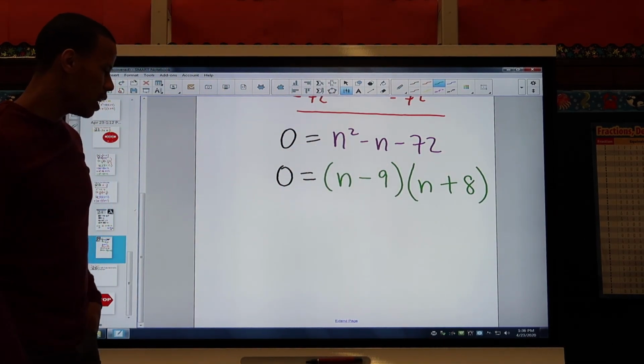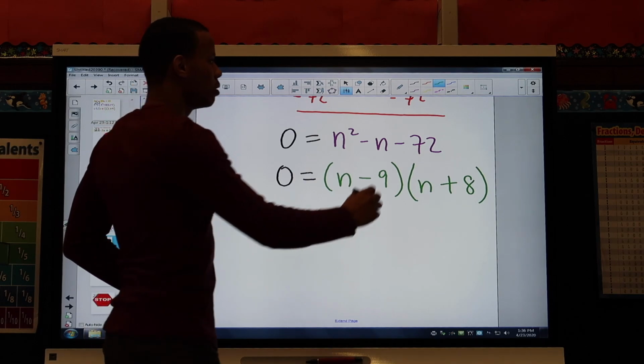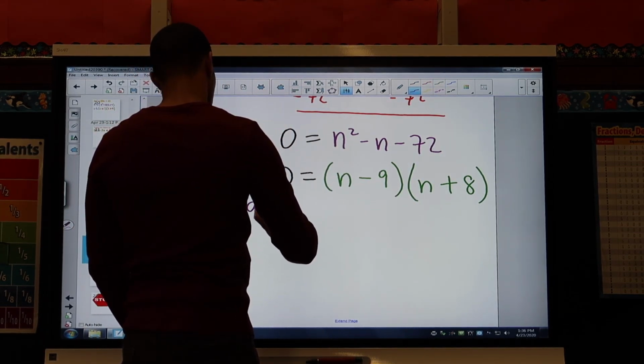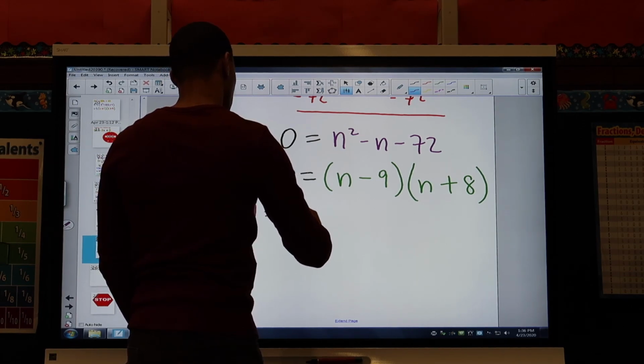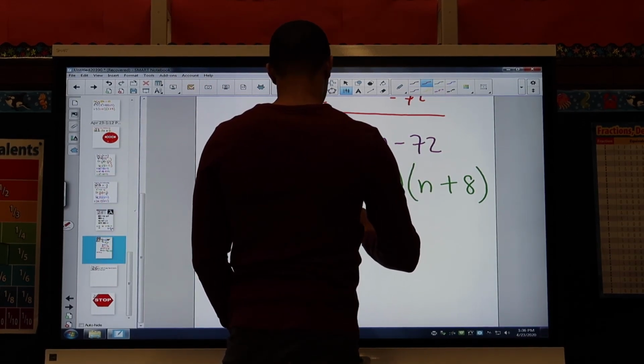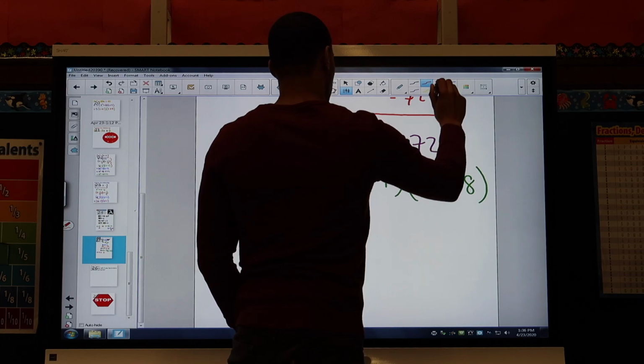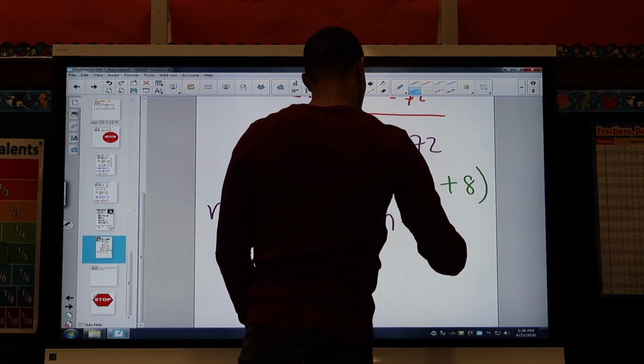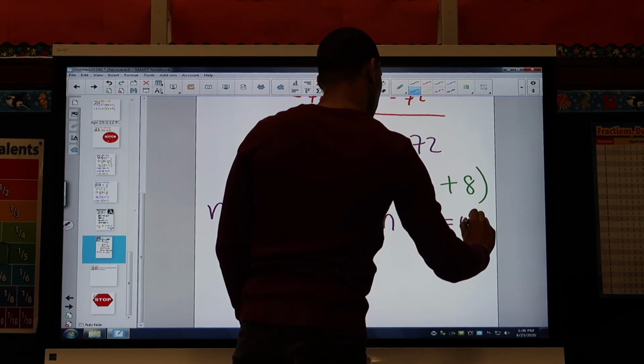So now, then again, this is going to be equal to 0 when n minus 9 is equal to 0, or when n plus 8 is equal to 0.